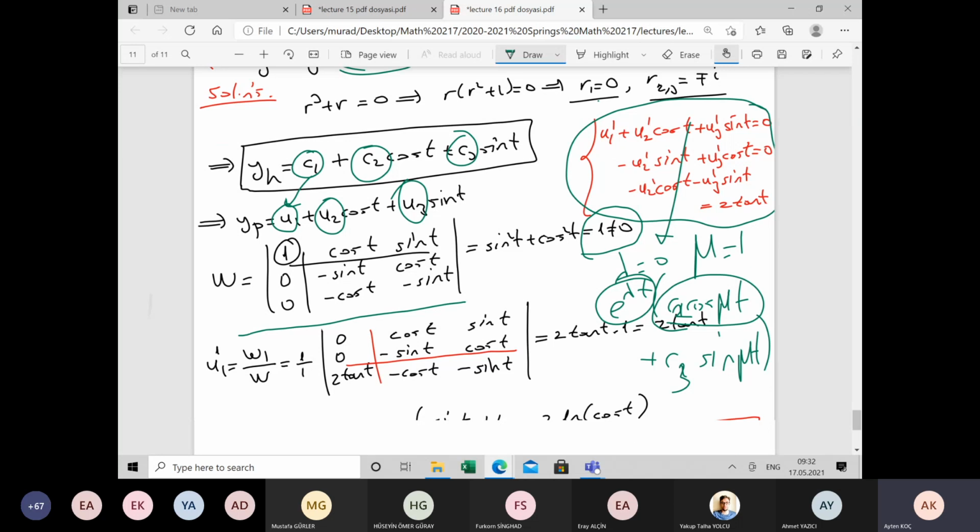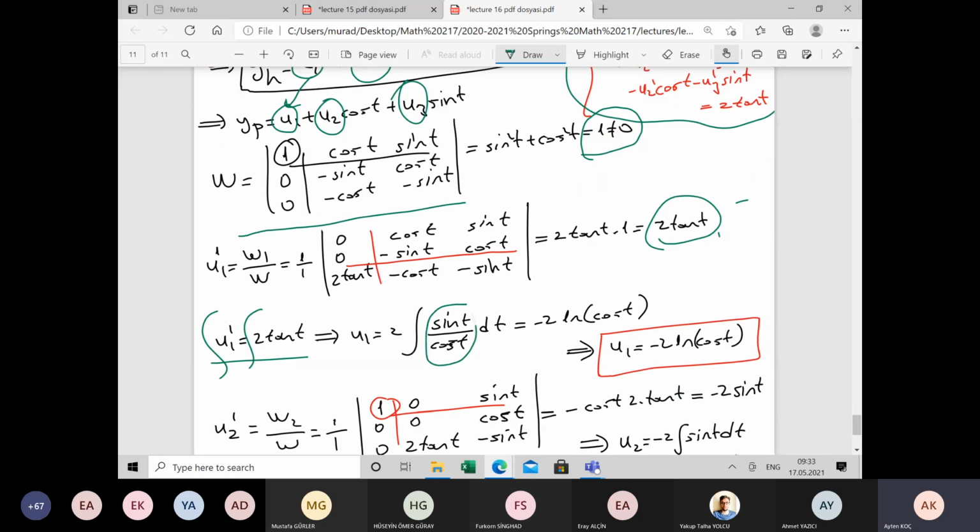I think it will be better to see the result: tangent t is sine t over cosine t, using the substitution u is cosine t, so this one is du over u, and this one is ln u.